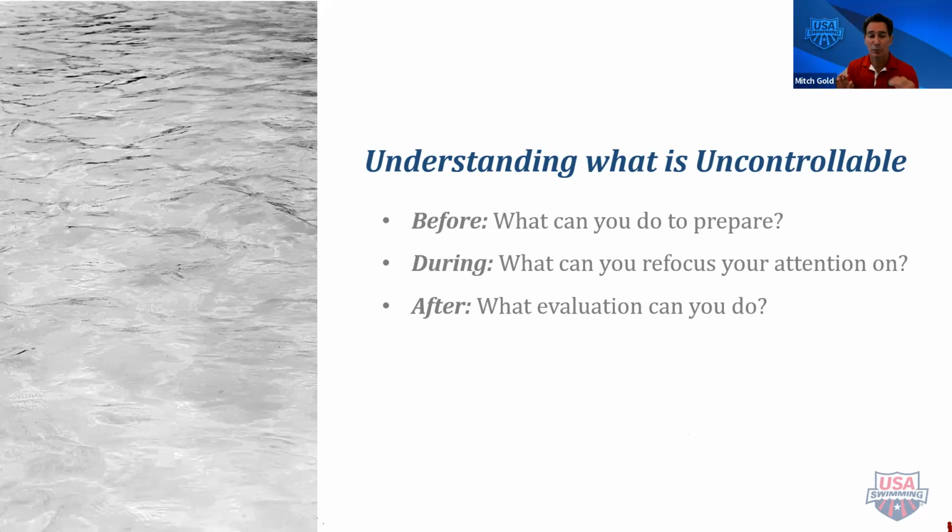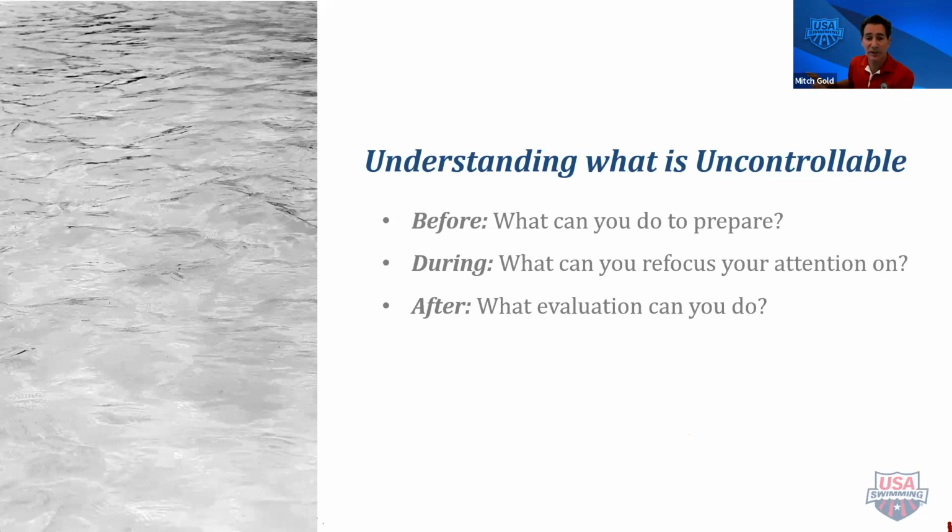And then the point in the second bullet is refocusing your attention. How do you refocus your attention from something that's uncontrollable to controllable? And the truth is, we have to recognize first the difference between the two.